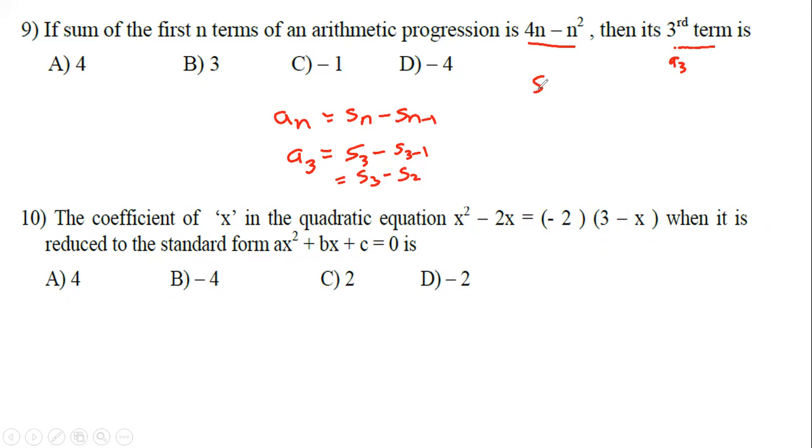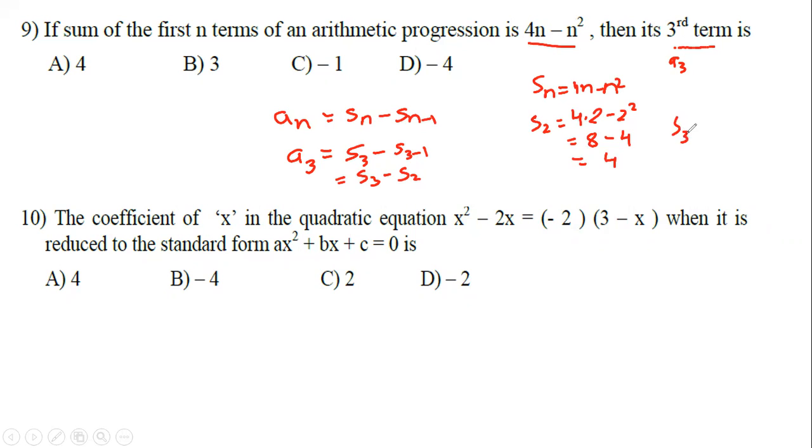The given sum of the n terms, the given Sn is equal to 4n minus n square. So s2 is equal to 4 into 2 minus 2 square. 4 2s are 8 minus 2 2s are 4, which is equal to 4, s2.